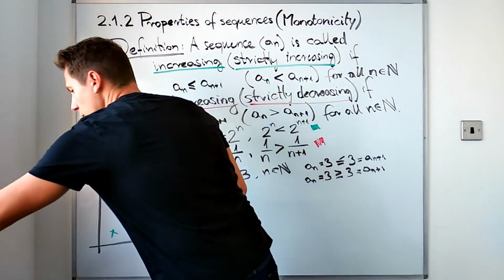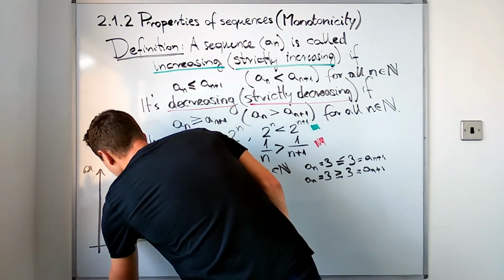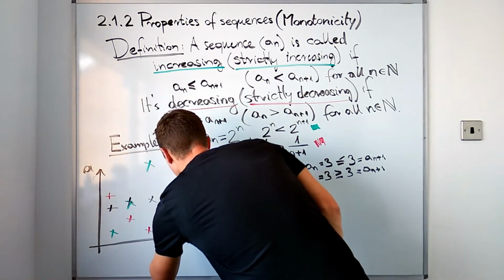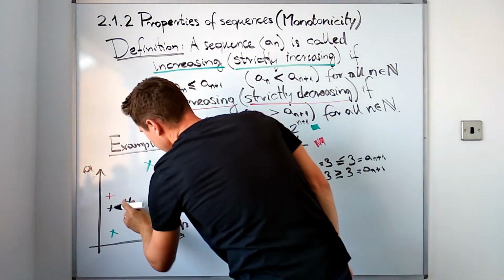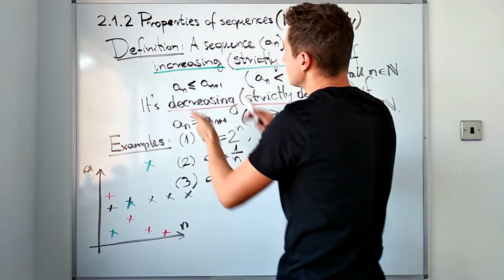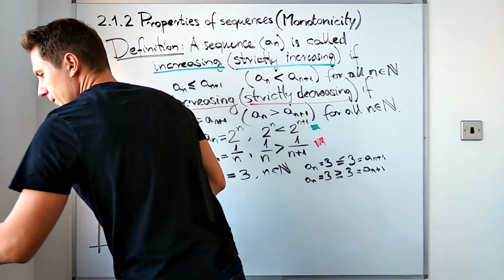And for our third example, we had a sequence that basically stays the same. All of its values are equal. So it's a weird way of saying that it's both increasing and decreasing.